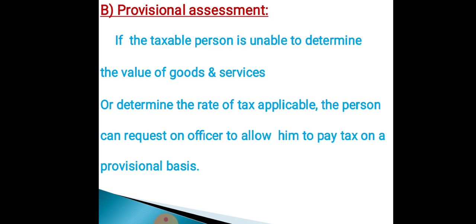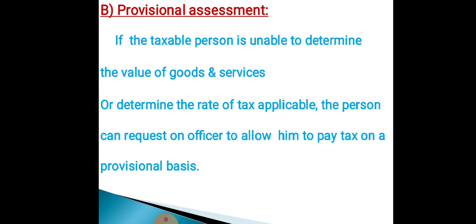Second, provisional assessment. If the taxable person is unable to determine the value of goods and services or the rate of tax applicable, the person can request an officer to allow him to pay tax on a provisional basis.